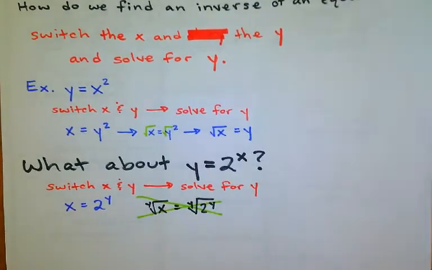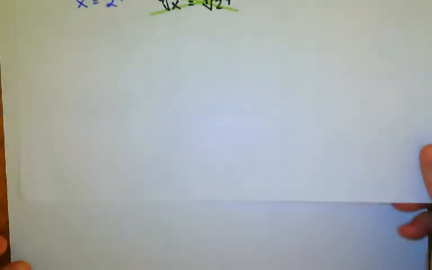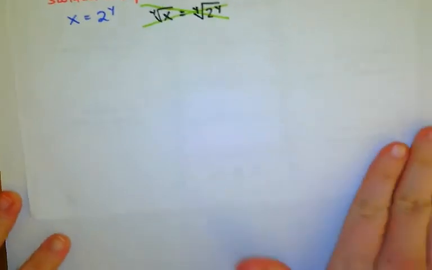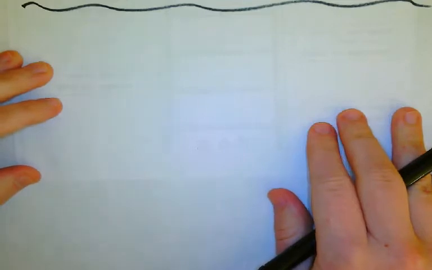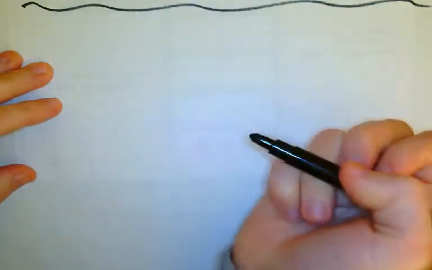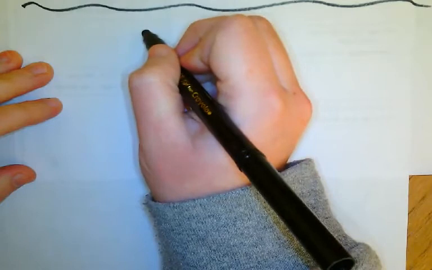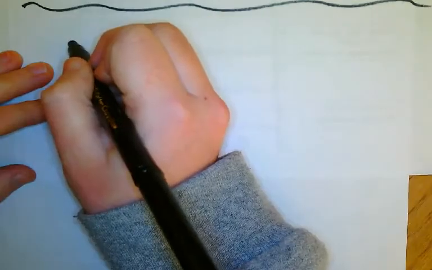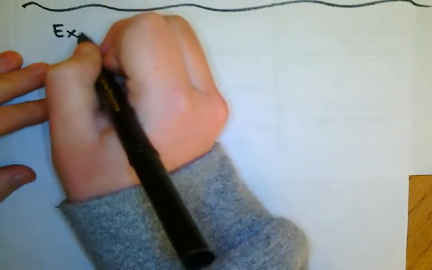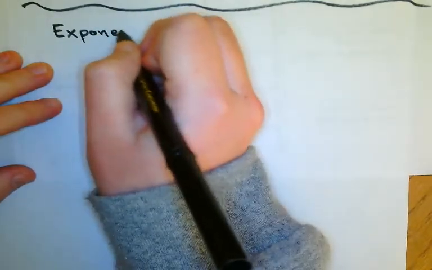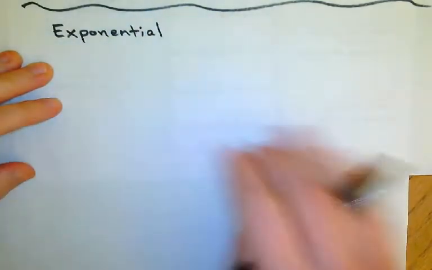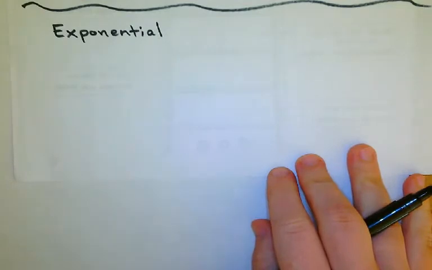All right, I'm going to give myself a little bit more space. So we know if we have an exponential equation, let's just say we're just going to use variables for right now.